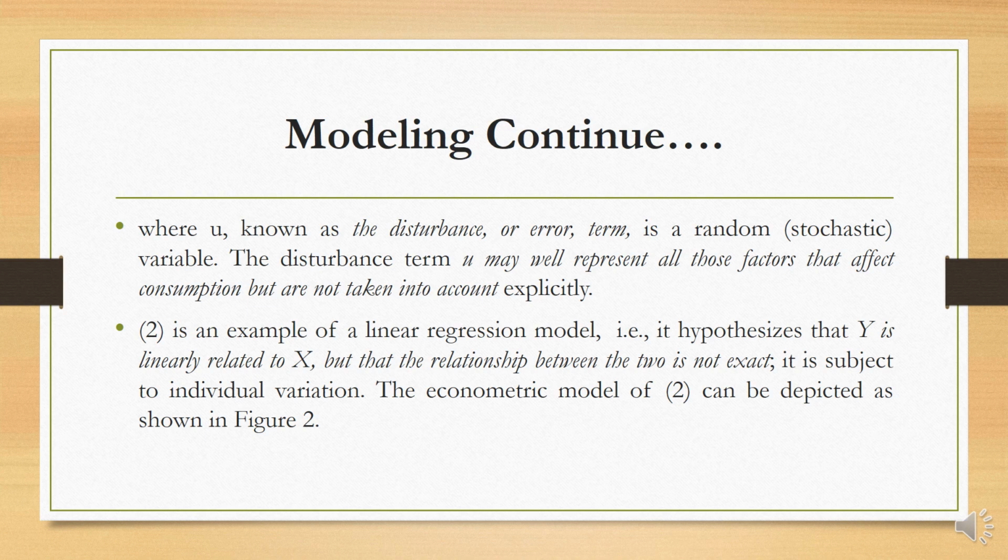Model 2 is an example of the linear regression model, that is the hypothesis that y is linearly related to x, but that the relationship between the two is not exact. It is subject to individual variation. The econometric model can be depicted as shown in figure 2 in the next slide.